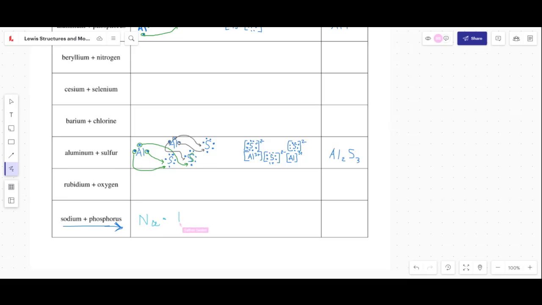Good, that's good for sodium. Excellent. Phosphorus has 5 valence electrons. Good deal.